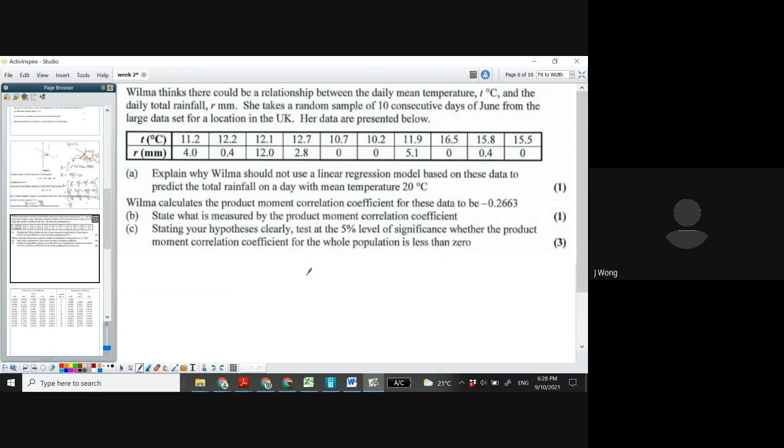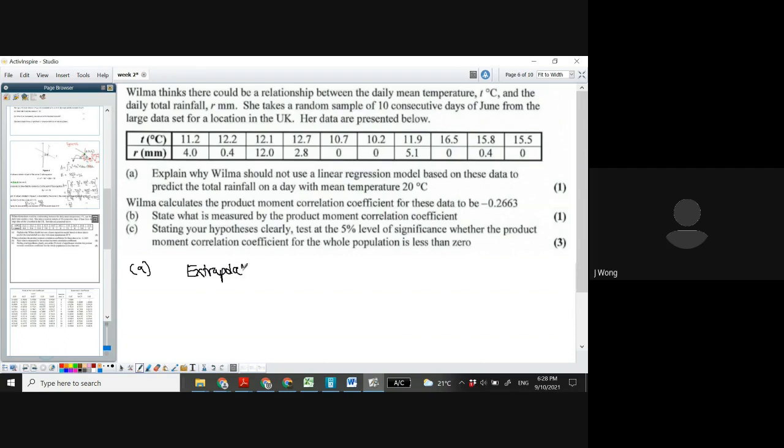If you look into the first column, you could see that the range of temperature that we have here is just going to be between 10 to roughly 17. So 20 is out of the range that we have. That's why the keyword that you want to mention is extrapolation. If we are predicting beyond the range, it will be extrapolation.